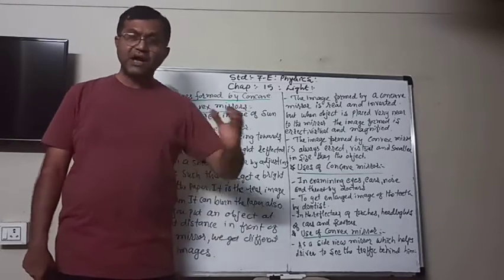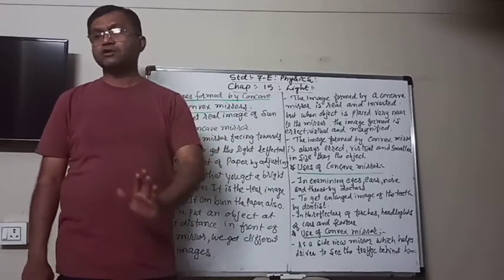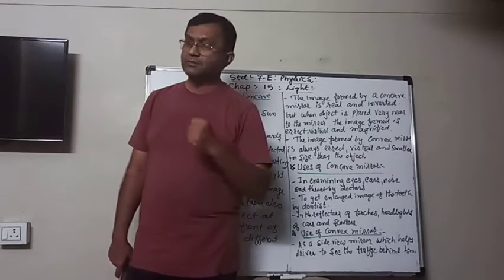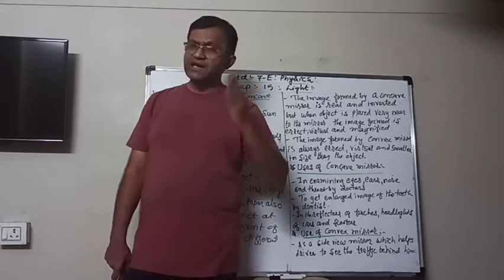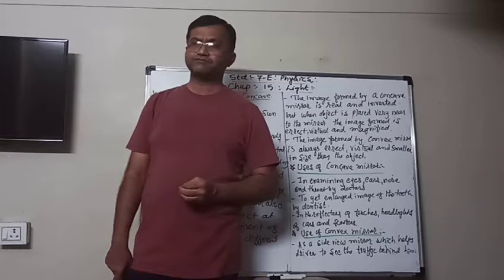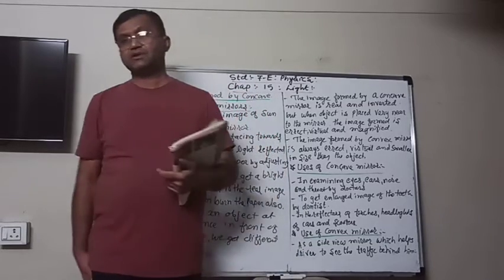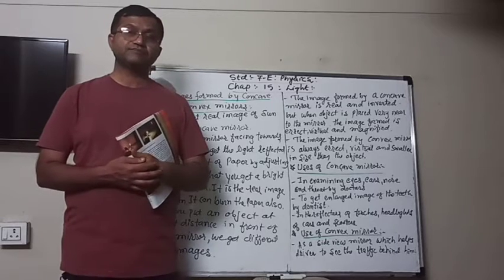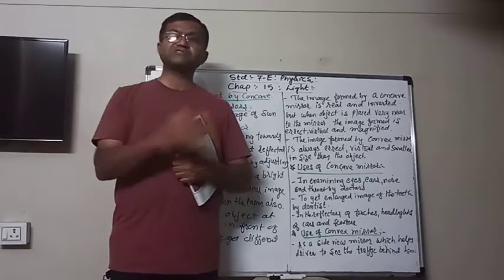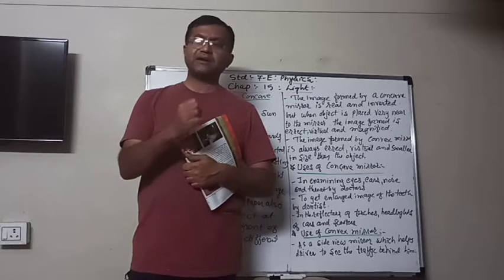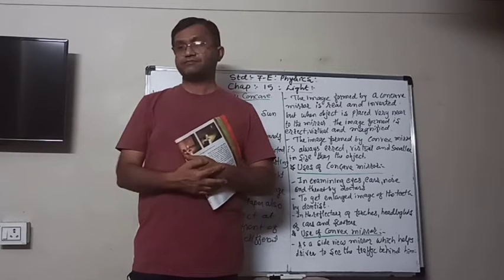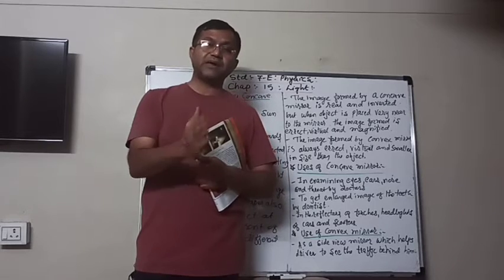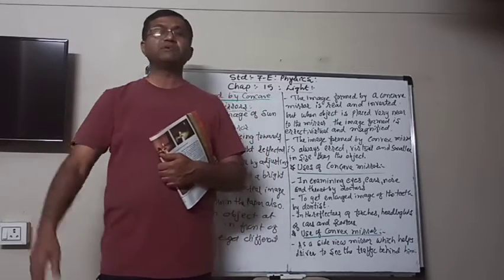It depends how far or close you put the object in front of the mirror. But in the case of a convex mirror, you always get a virtual and erect image. It means that from a convex mirror, you will never get a real image. And that is the difference between concave and convex mirrors.